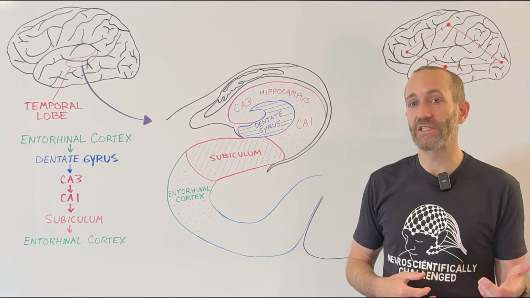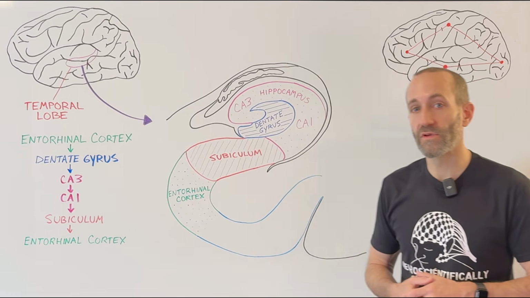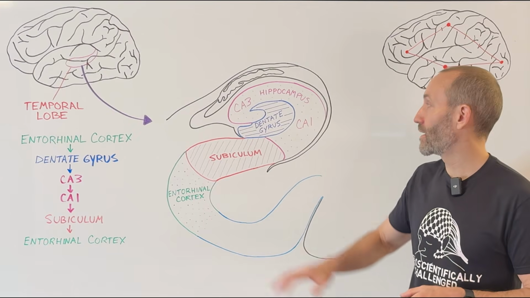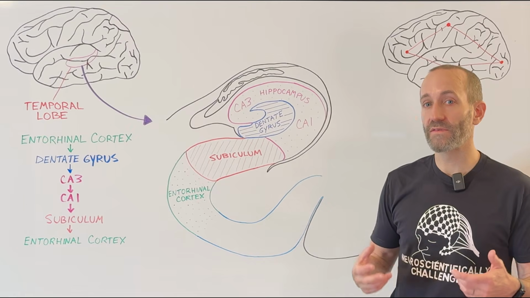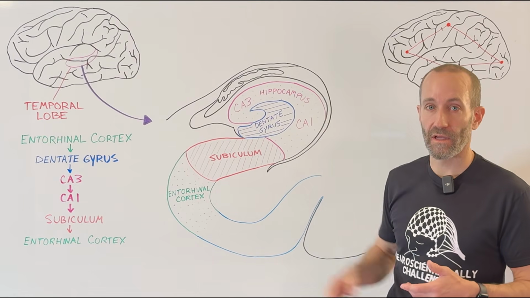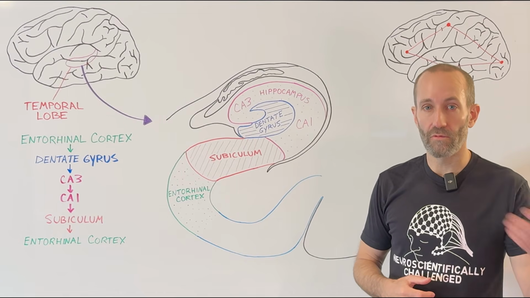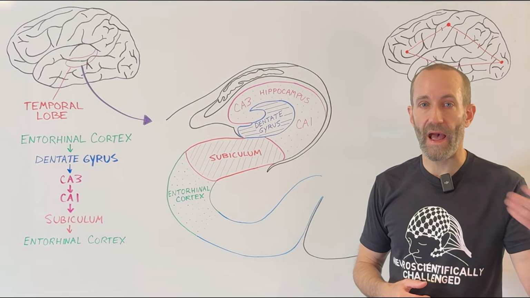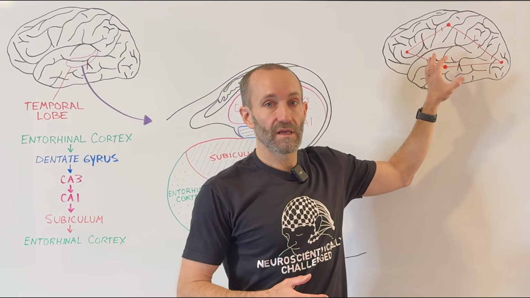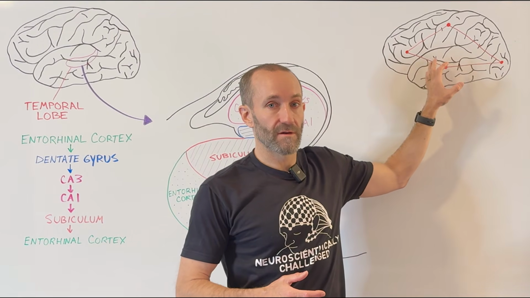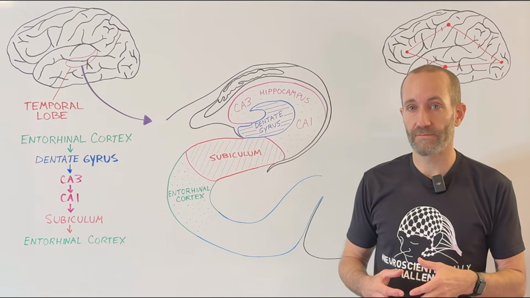After the incoming information has been given a distinct neural code in the dentate gyrus, information flows along what's known as the mossy fiber pathway into the CA regions of the hippocampus. Specifically, most of the information enters region CA3, which is thought to be involved in taking the different elements of an experience, where you were, who you were with, what was happening, etc., each of which ultimately reflects activity originating in different areas of the cortex, and linking those patterns of neural activity together into a single memory trace.